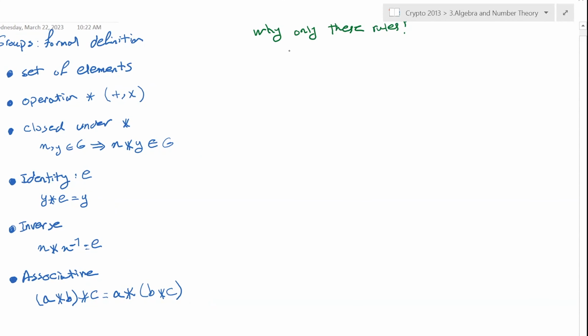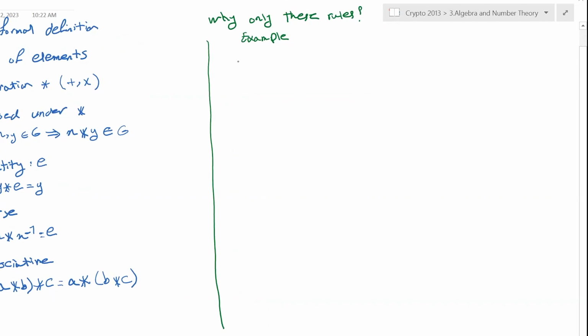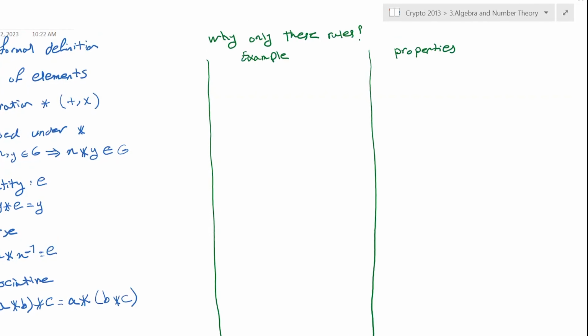So let me start with an example, and over here I want to write down the property that you use. Suppose that I ask you to solve this simple equation, x plus 3 equals 5, okay?